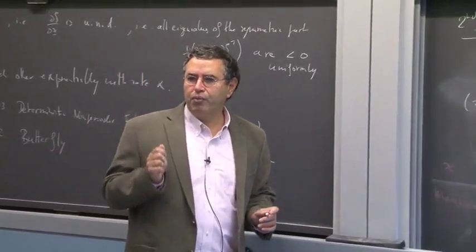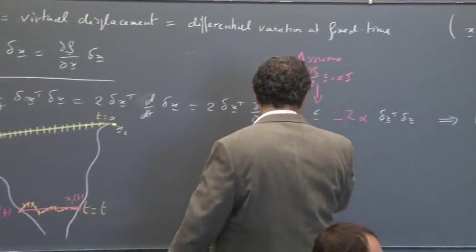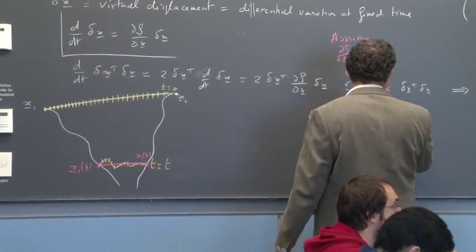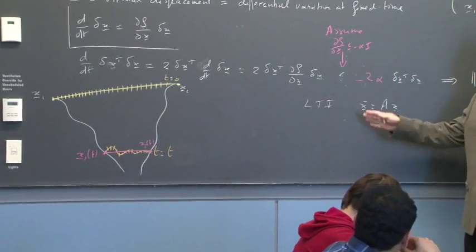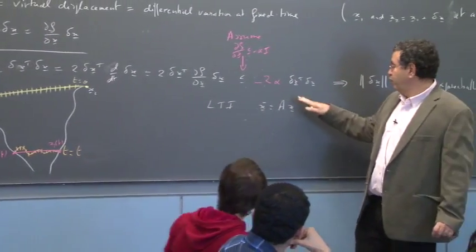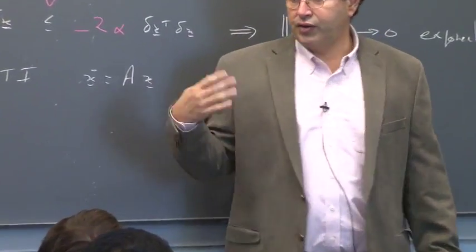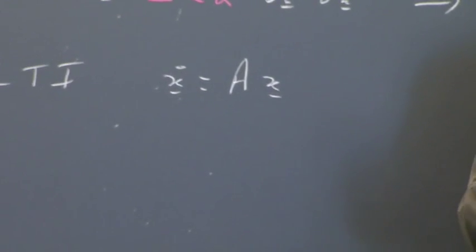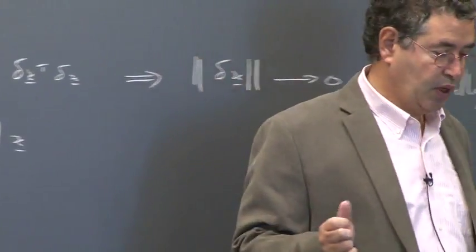Because if you remember, if we take an LTI system, x dot equal Ax, suppose we applied this sufficient condition to it. It would say that A is negative definite, so in other words, the eigenvalues of the symmetric part of A are all negative.